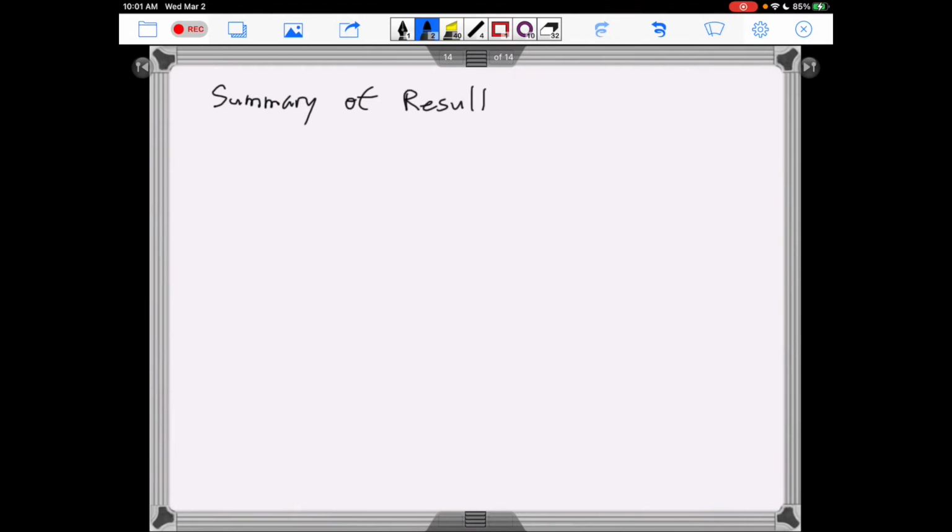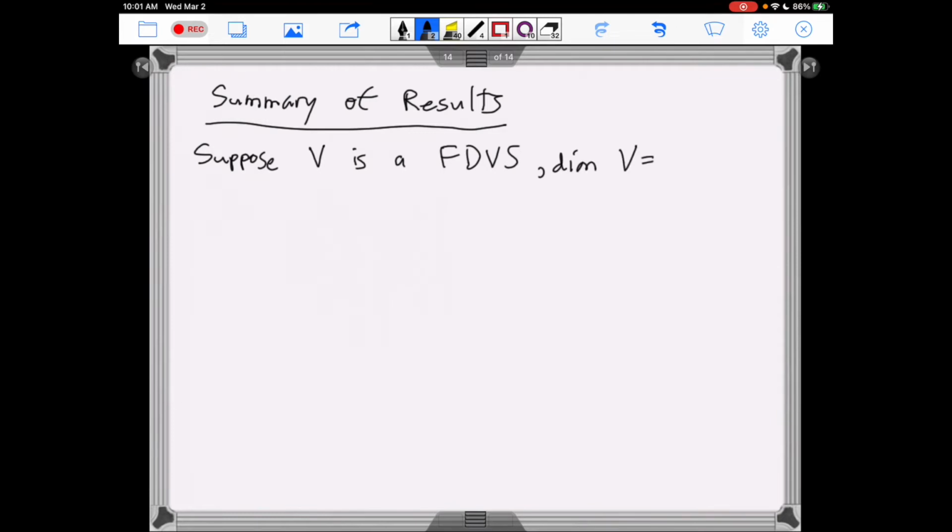Summary of results. Suppose V is a finite dimensional vector space. The dimension of V is n, and let S be the set of k vectors.